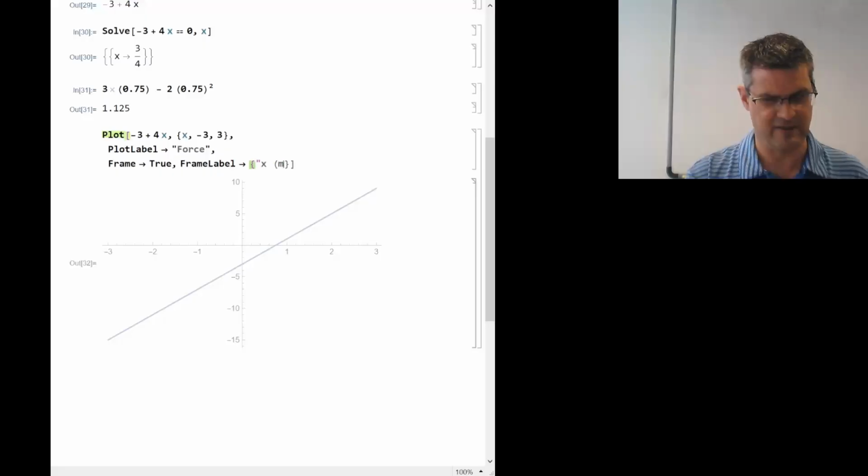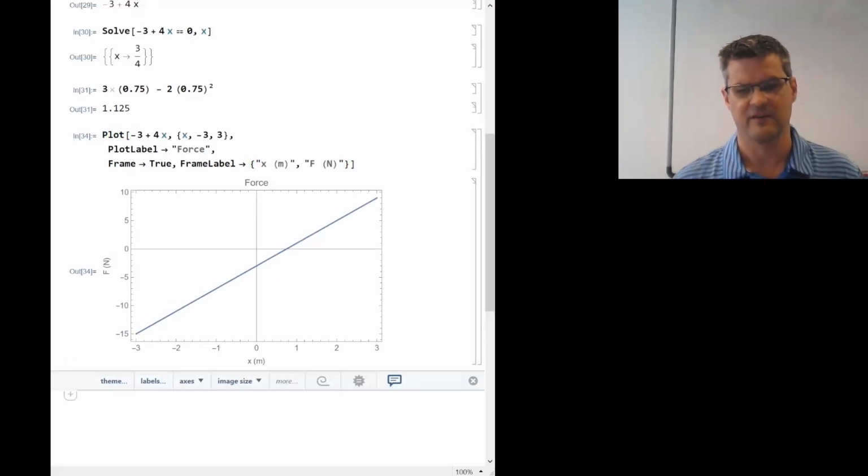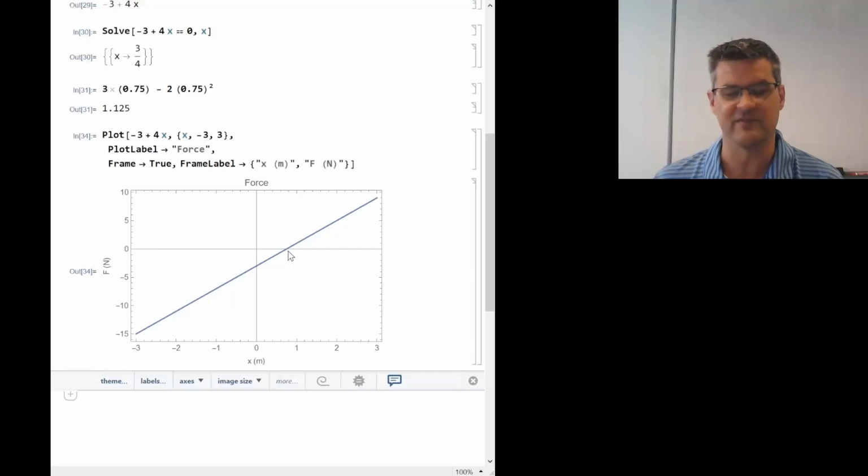So again, this is x in meters. This is force in newtons. And so what we see is any force to the right of 0.75 is a positive force. Any force to the left of 0.75 is negative.